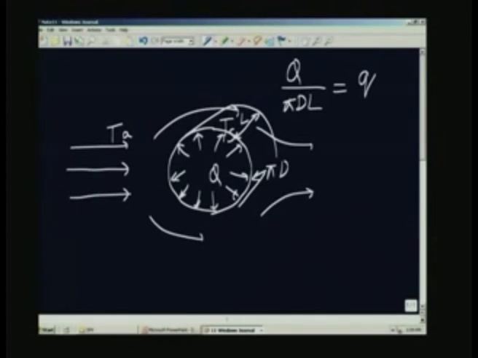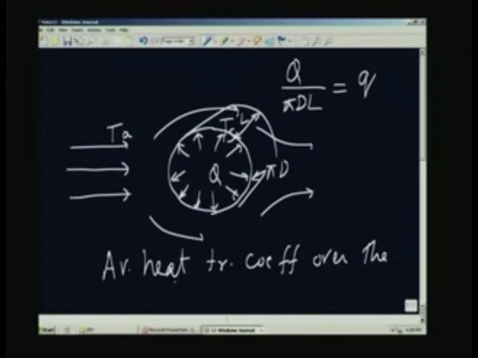So, in practice what may happen is that there may be temperature variation. In this case what we are doing is we are supplying the heat over the entire periphery, in other words we are integrating the effect of heat transfer at the surface. So, we will be able to get only the average heat transfer coefficient over the periphery.